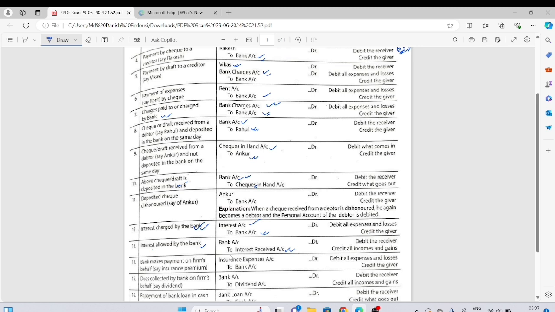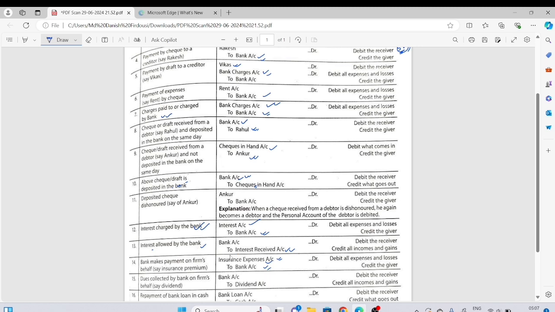At the time what entry will you pass? The entry will be passed here: insurance expense account debit, because this is an expense for your business, and as we know all expenses and losses will be debit, all incomes and gains will be credit. So insurance expense account debit to bank account, because the bank is the giver here.